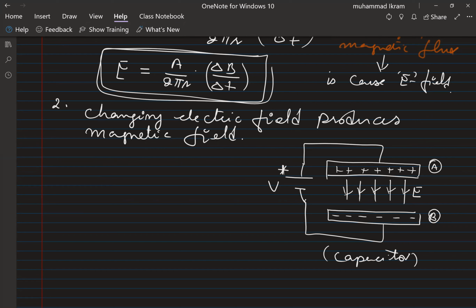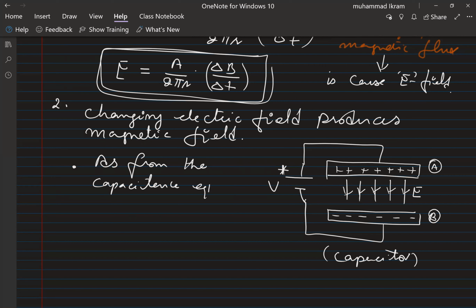So the charge Q on the capacitor of capacitance C, having area A, separated by distance d and potential difference V, we can simply write from the capacitance equation.